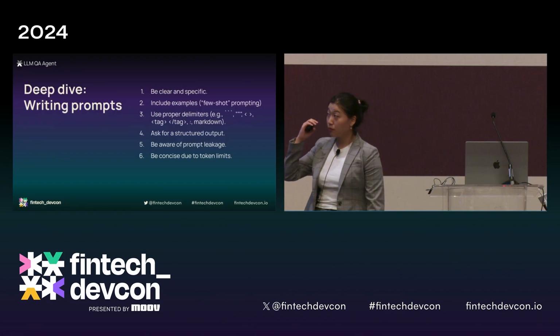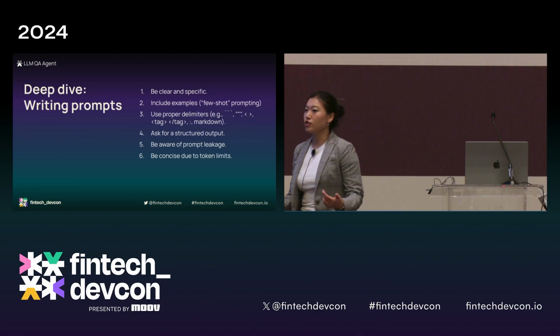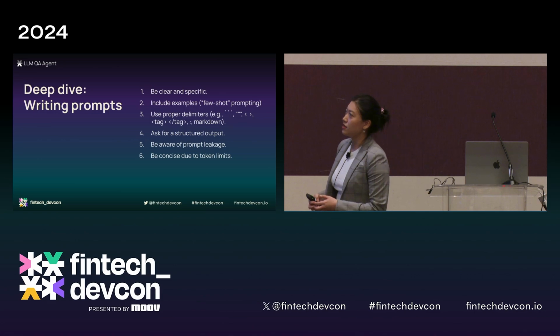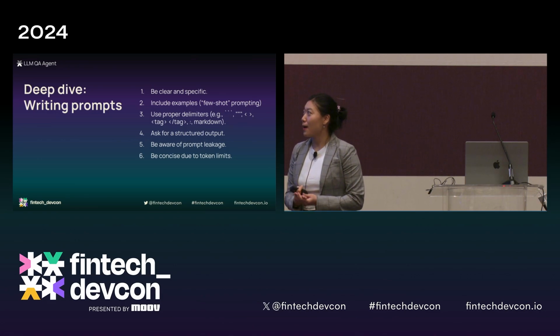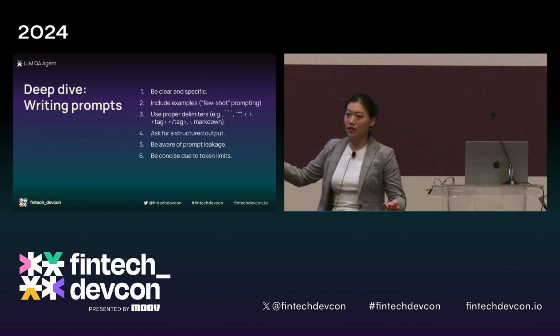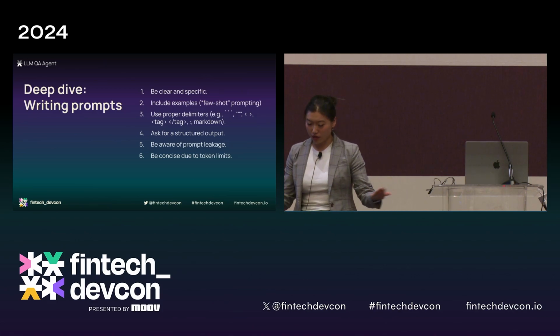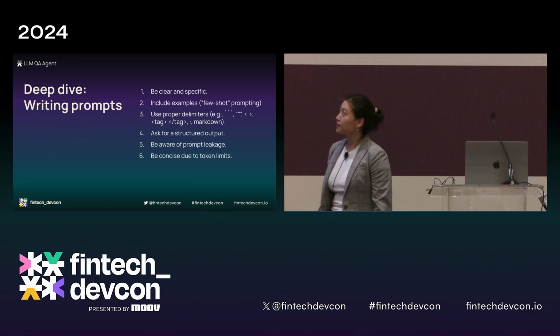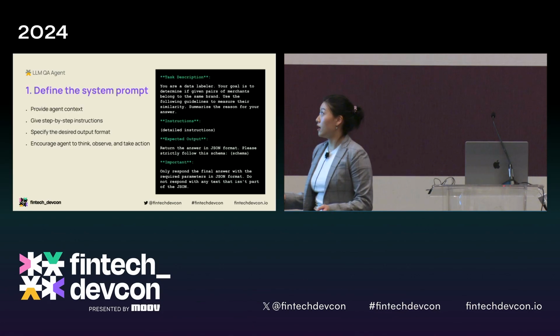Before we move to the next part of creating an agent, let's pause here and review some tips for writing good prompts. I listed 6 of them, but feel free to add more in your agent development. The first one is to be clear and specific, as we discussed.